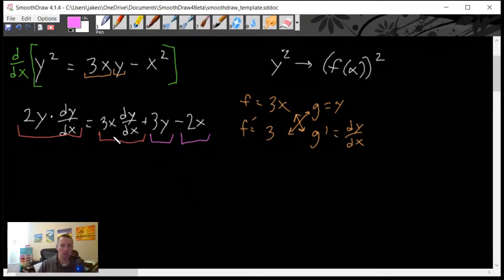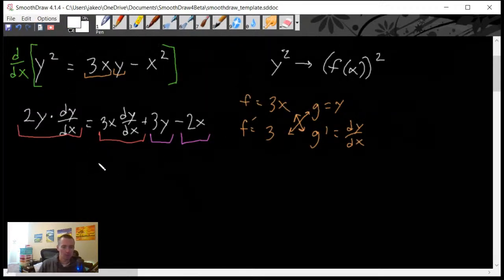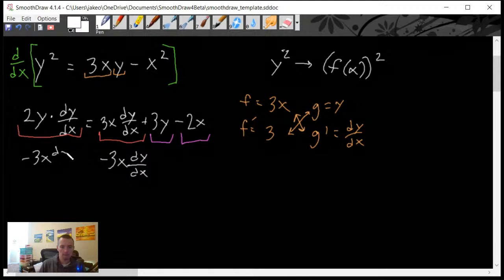So we want to get these dy dx terms over on one side. We'll leave the non-dy dx terms over on the right side of our equation. So we'll just have to subtract this over to the other side, or in other words, just subtract it from both sides of the equation.